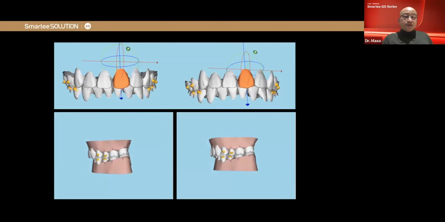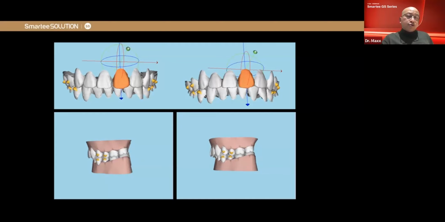So this is what we do. The left and the right side are two types of animation. In the left side animation, you can see we put the rotation center almost at the resistance center. And in the right animation, we put the rotation center at the gingival margin.